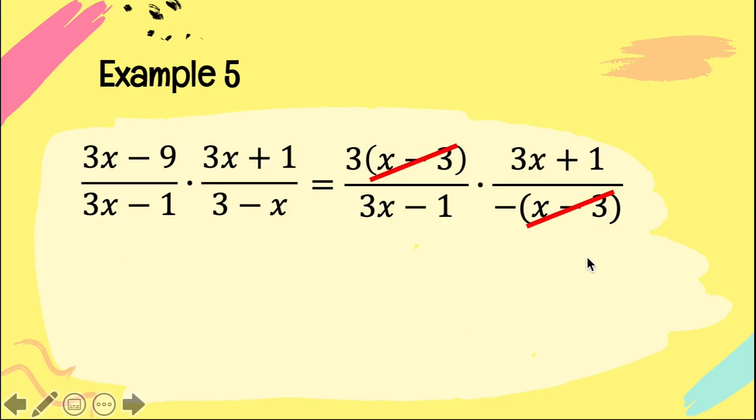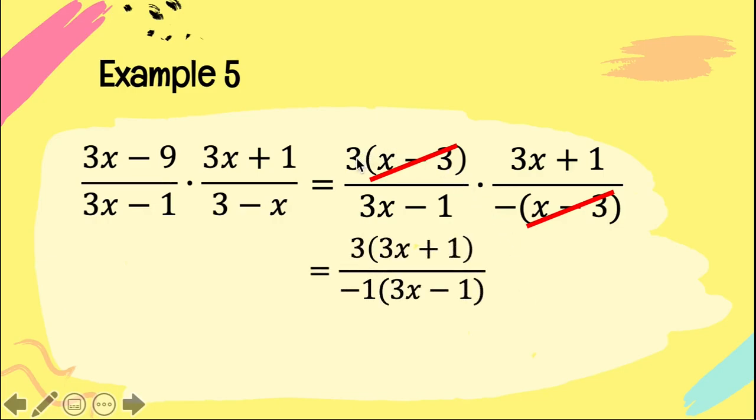And then multiply numerator to numerator, which is 3 times, and don't forget to put quantity because 3x plus 1 is a binomial. On our denominator, we'll have negative 1 times the quantity of 3x minus 1. To get your final answer, just simply multiply each monomial to the binomial.